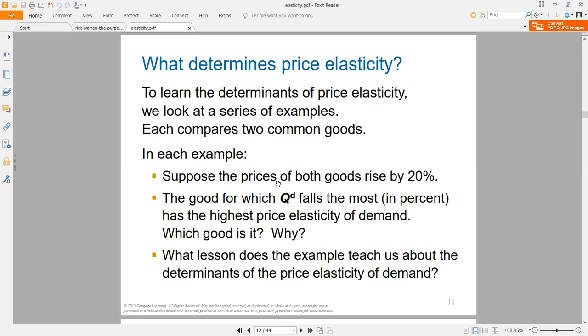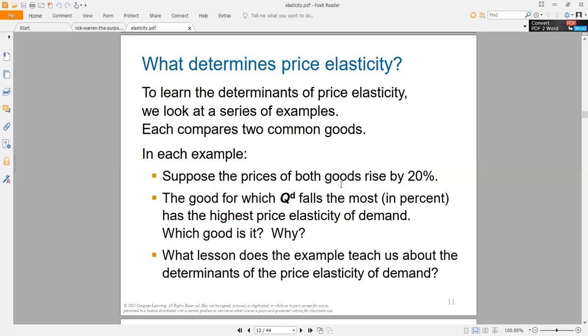So these are the assumptions. We are dealing with two goods here. Now we suppose that the price of both goods rise by 20%. So good A and good B have both seen an increase in price of 20%. Now the good for which quantity demanded falls the most, percentage-wise, will have the highest price elasticity of demand.